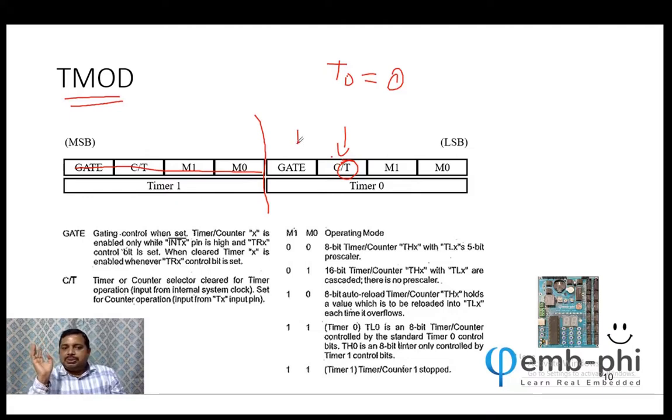Then the gate pulse. This you have to understand a little, and I have to talk about it in some detail. What is this gate pulse? The meaning of gate is whether the timer starts by itself internally or somebody presses a button and then it starts. Consider a stopwatch.